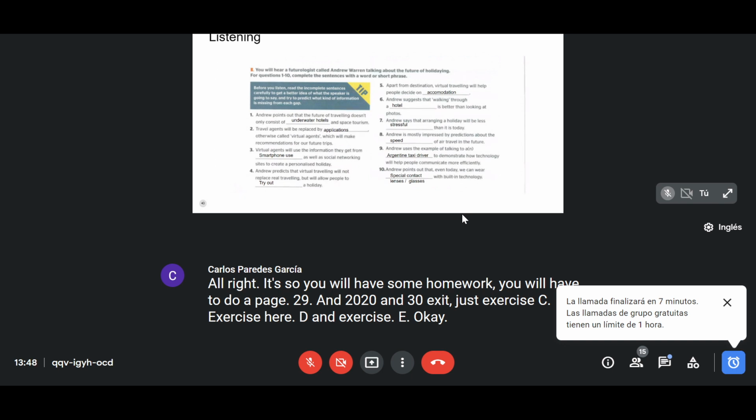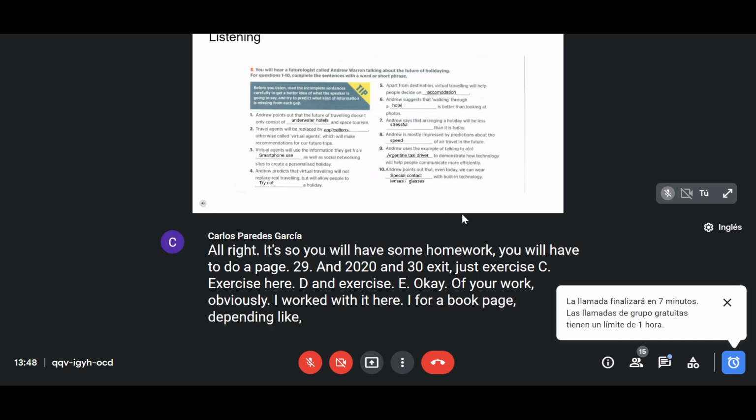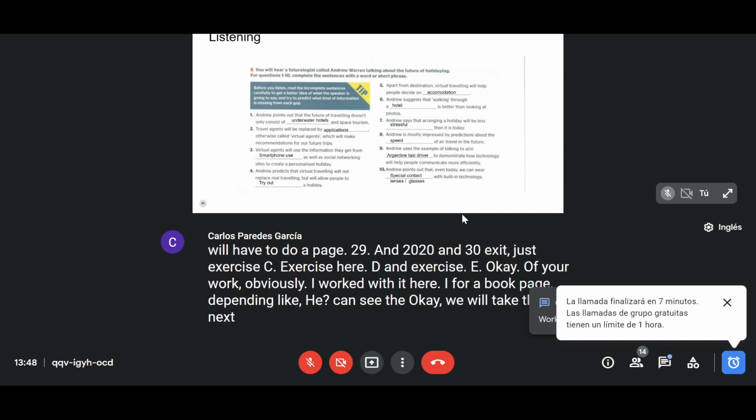Of your workbook, obviously. I will put it here. Workbook, page 29, C, D, and E. Right, we will take them next class.